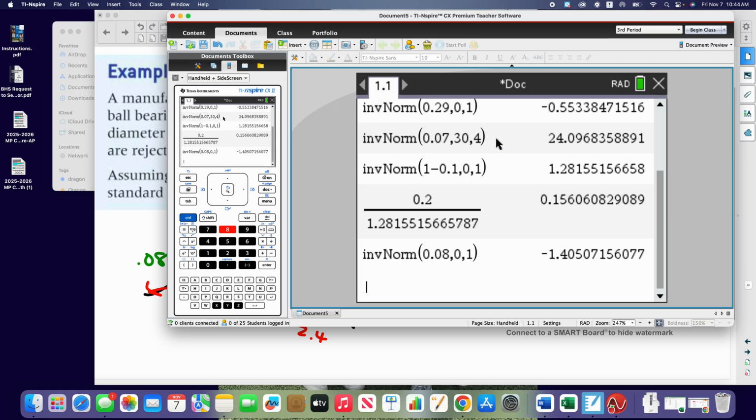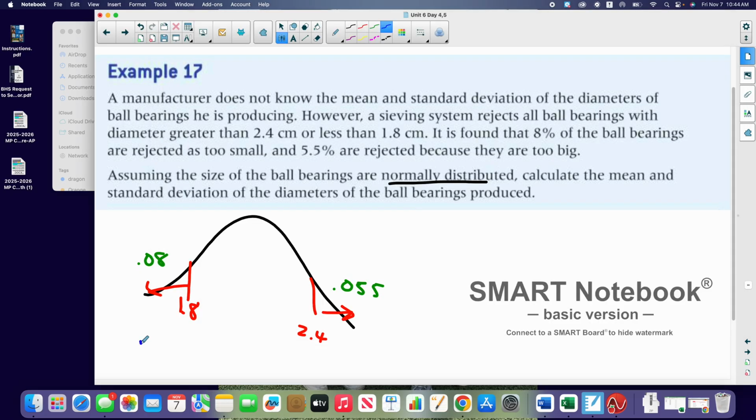So I'm going to find my z-score for the left-hand side. The z-score for the left-hand side is negative 1.405. So negative 1.405. The x is 1.8. The mean I do not know, and the standard deviation I do not know. So there are 4 variables. I know 2 of the 4.